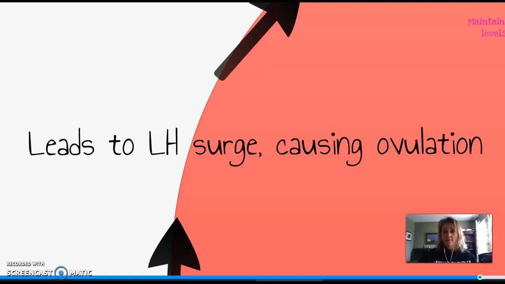When we have the follicle at its largest, when it's a mature follicle, also known as a Graafian follicle, it's going to release its largest burst of estrogen. That stimulates the hypothalamus to release its highest burst of GnRH, and that's going to cause our LH surge. The LH surge causes ovulation.